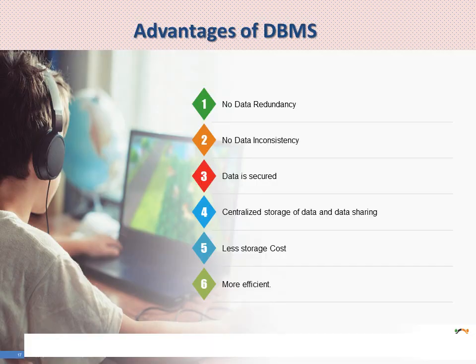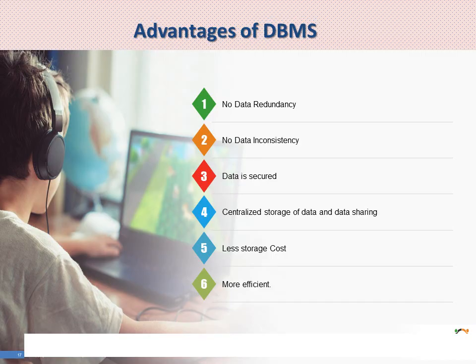All these disadvantages of the flat file system were removed by the adoption of DBMS. When we used DBMS, there was no data redundancy because data was stored at a centralized place, as we have seen in ATM machines. Data is stored at a centralized place in the bank and we can do transactions from anywhere around the world.